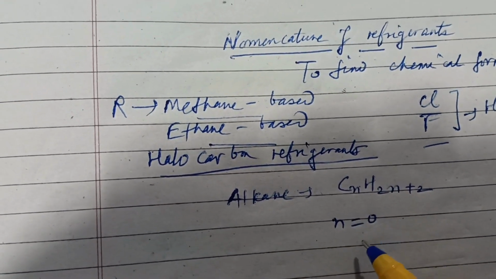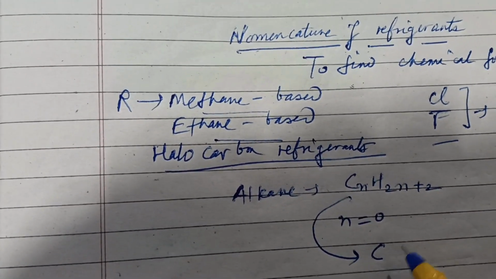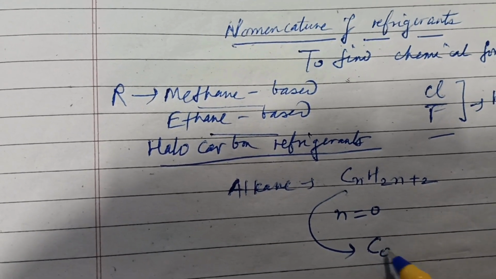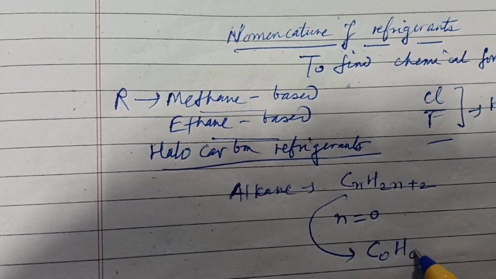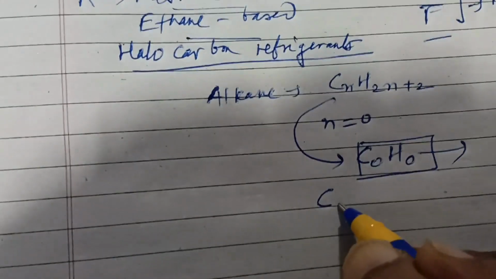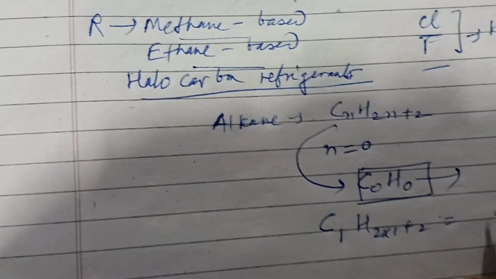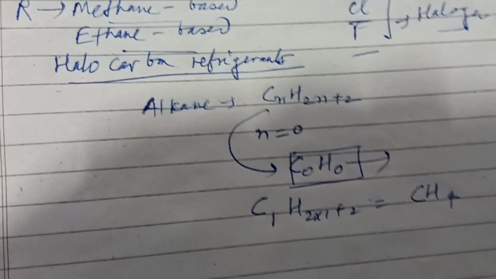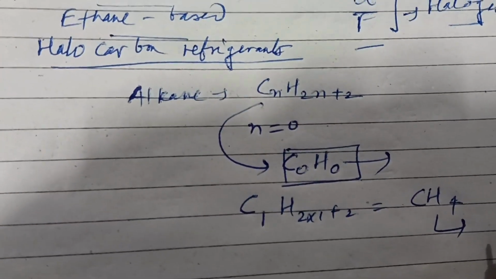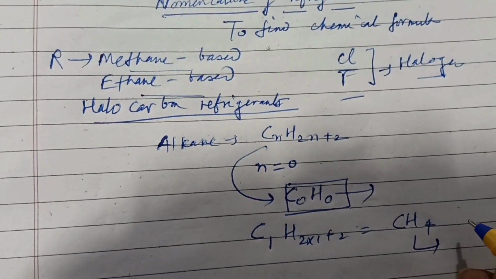If you put 0 in place of n, this simplifies to C0H0, which comes out to be nothing. If you put 1 in place of n, H is 2 into 1 plus 2, which gives you CH4. This is methane, the simplest, and methane is also a refrigerant.